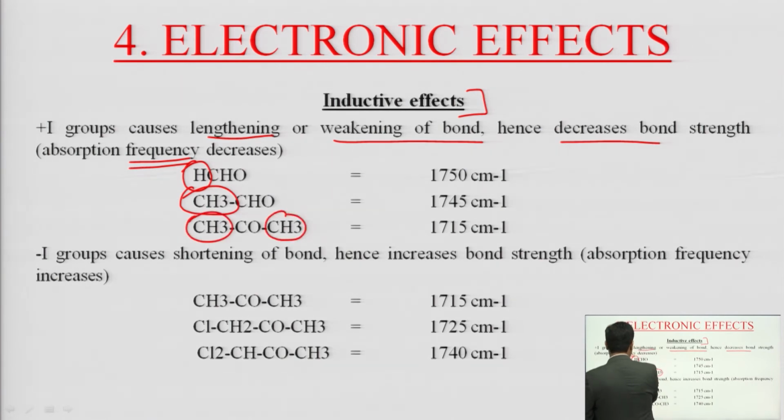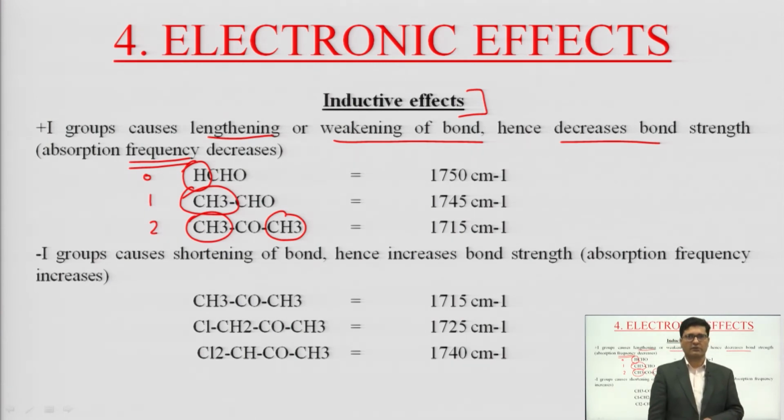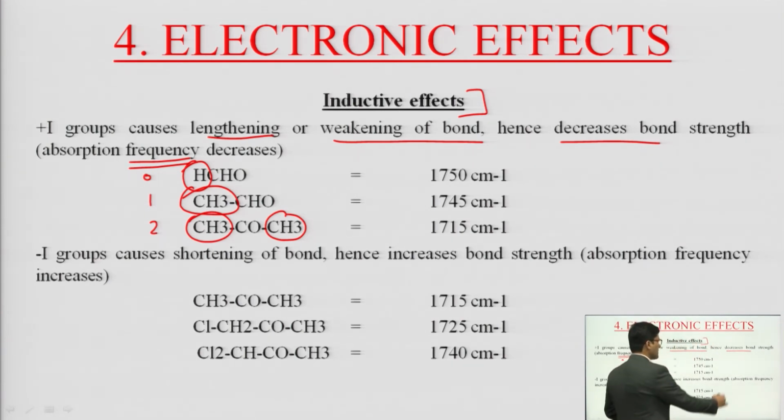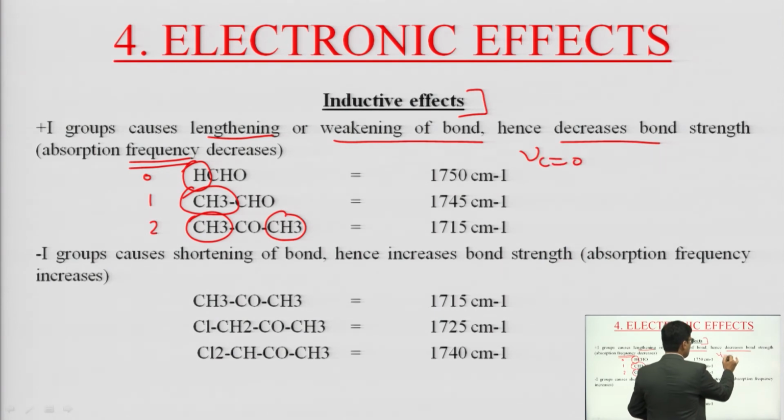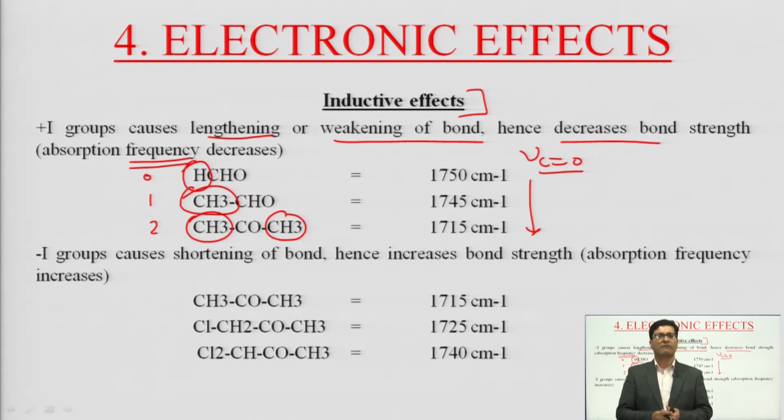So, it has 0 alkyl groups, 1 alkyl group, 2 alkyl groups attached to the carbonyl carbon, and the vibrational frequency of the carbonyl is clearly decreasing as we increase the number of alkyl groups. So, in formaldehyde the carbonyl frequency is 1750, in acetaldehyde it is 1745, and in acetone the carbonyl frequency is 1715 centimeter inverse.